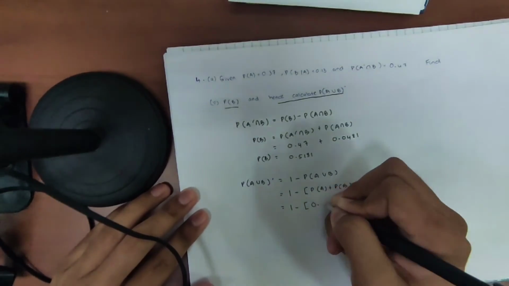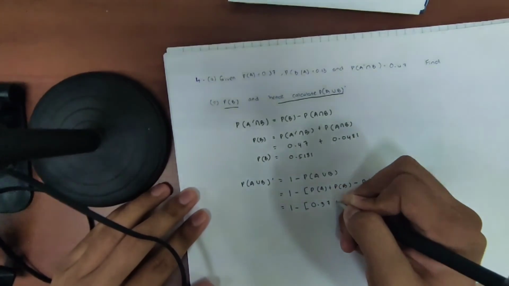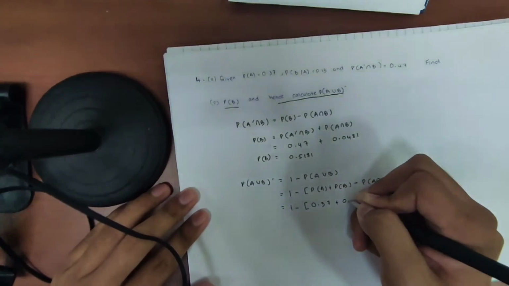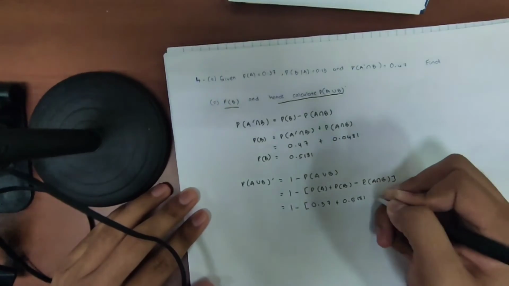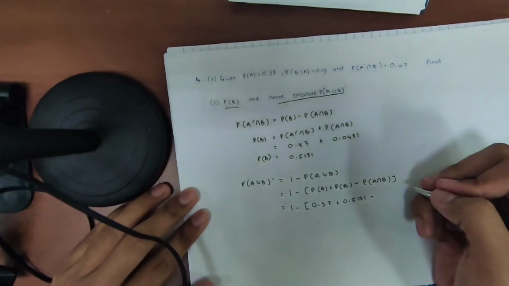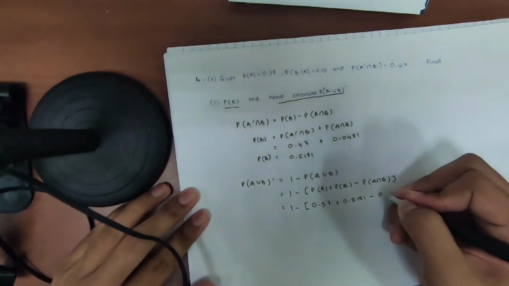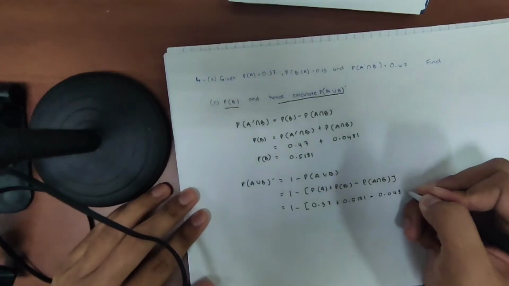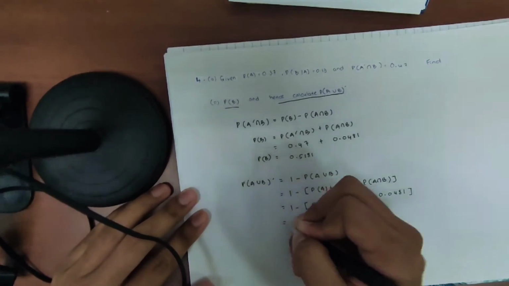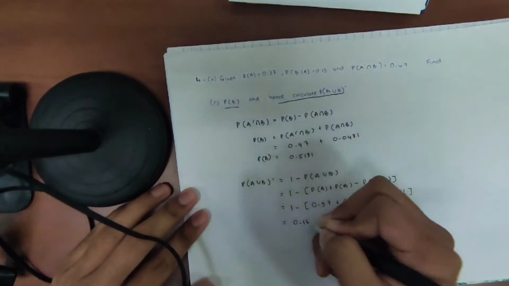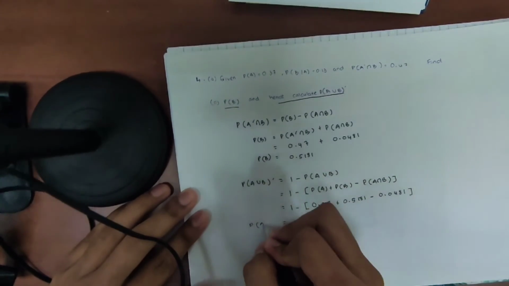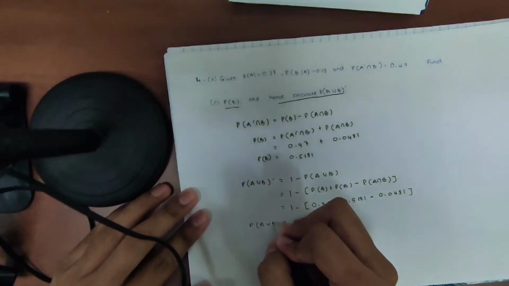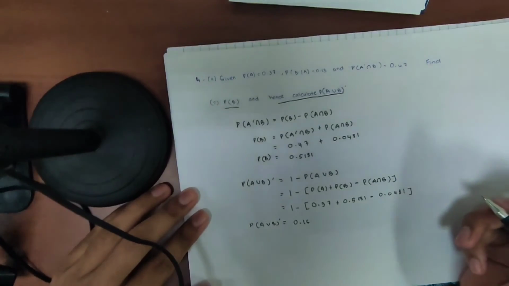P(A) is equal to 0.37 plus P(B) is equal to 0.5181 minus P(A intersection B) is equal to 0.0481. So we get 0.16 for P(A union B prime). That's all from me. Thank you.